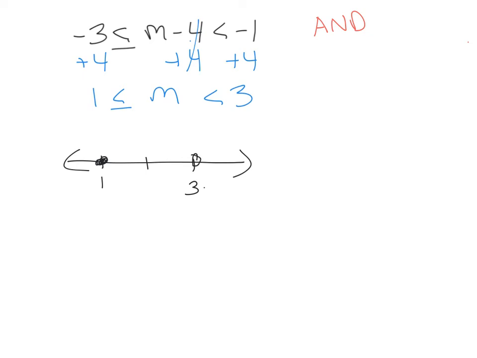And remember, and it has to do both, so it's in between. Okay. And then our interval notation. We start at 1, but it's bracket because it's closed. And we end at 3 with a parenthesis since it's an open circle.